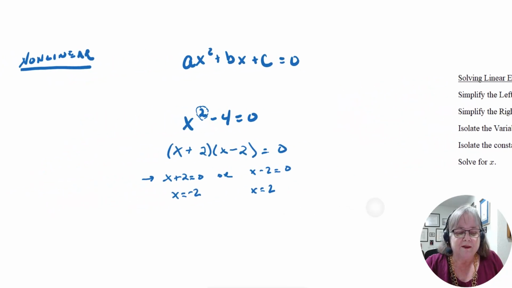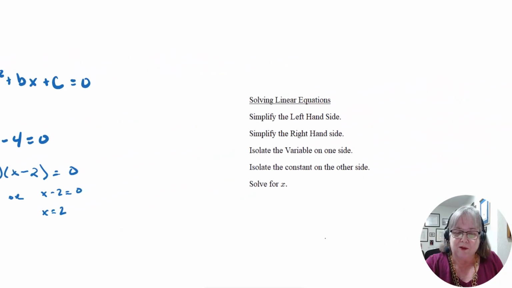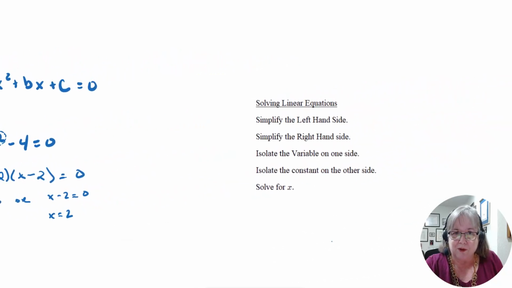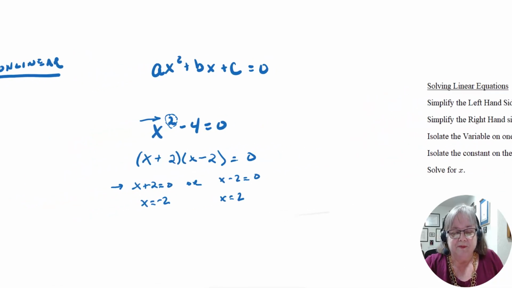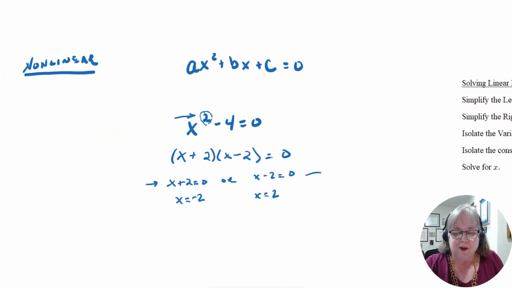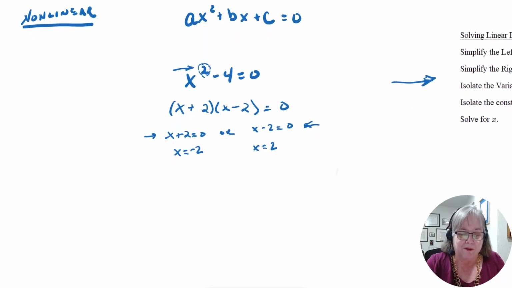So when you break down this quadratic by factoring, you're breaking it into two linears. Once you get it to this form, you're going to switch over to this list right here. So you're going to start on your nonlinear list and then switch to linear after you break it down when you're factoring.